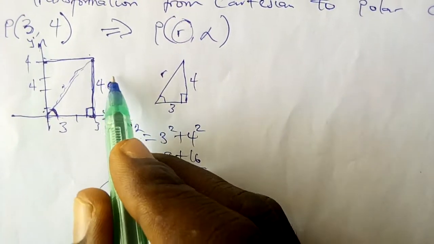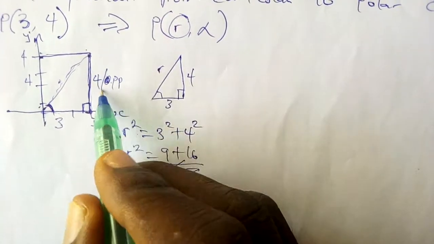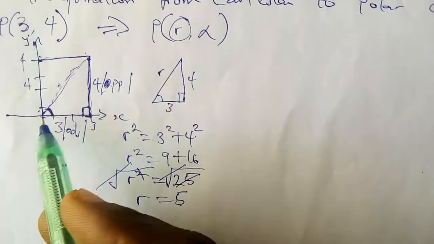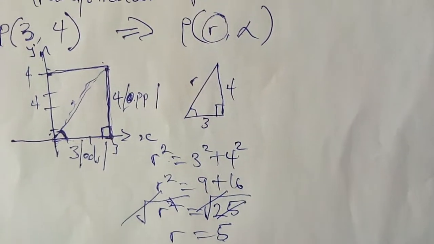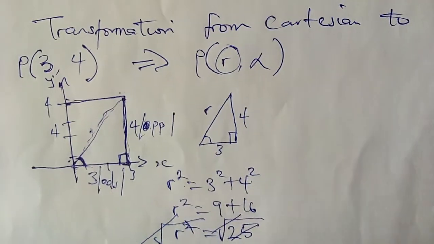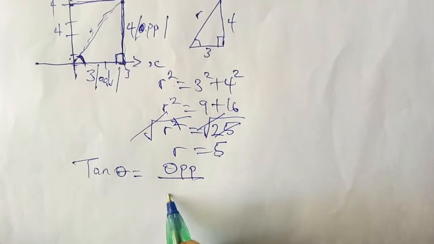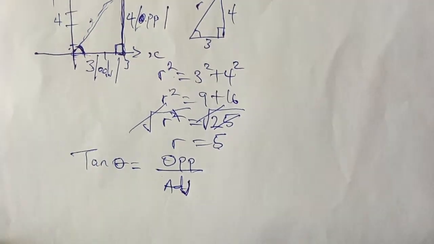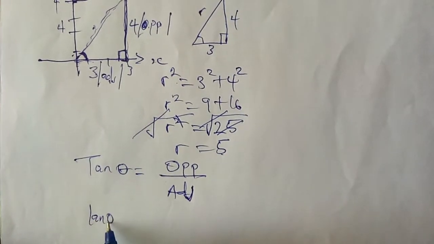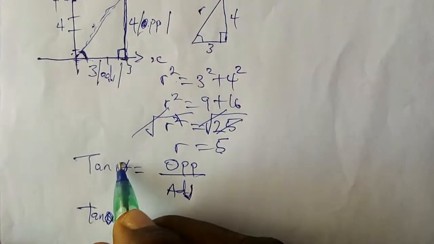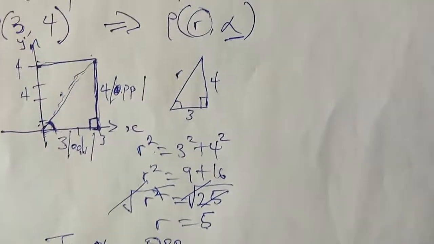This is our opposite side, and this is our adjacent side. So we need to make use of these two. Since we have opposite and adjacent, remember tan theta equals opposite over adjacent. You can call the angle theta, you can call it alpha, either of the two. Let's make it alpha since we are using alpha here from the beginning.